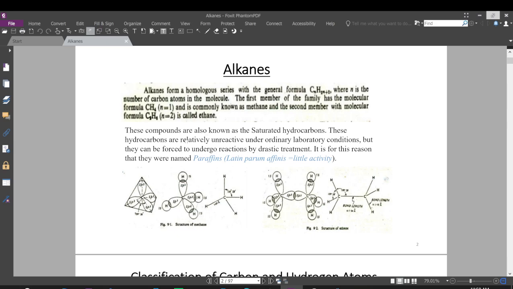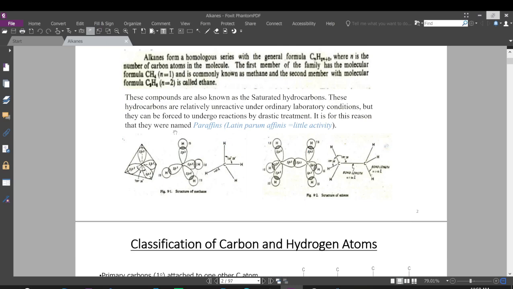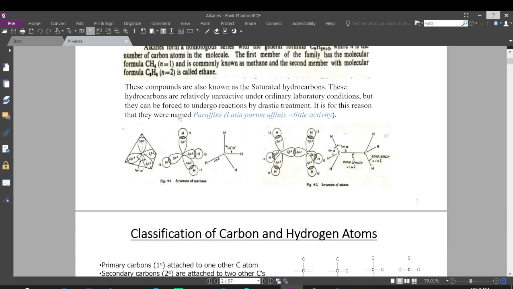ethane, and thus there is also methane, ethane, propane, butane. As the carbon number increases, the name of the alkane changes. We also see that these compounds are known as saturated hydrocarbons, because these hydrocarbons are relatively unreactive under ordinary laboratory conditions.